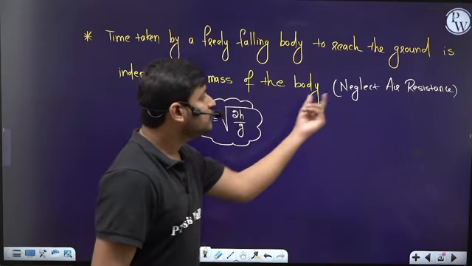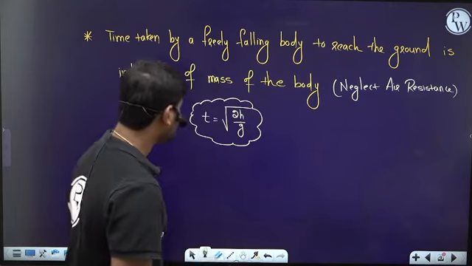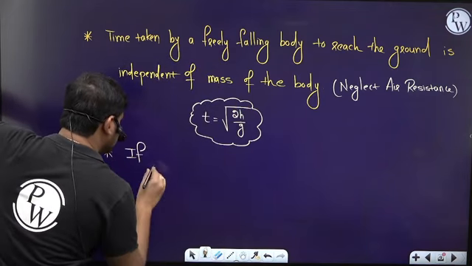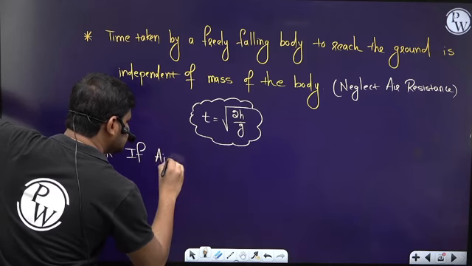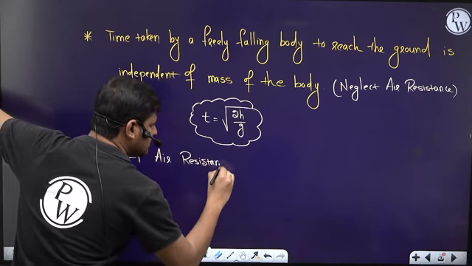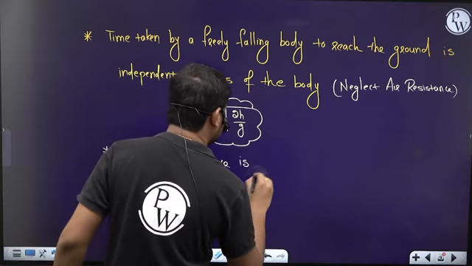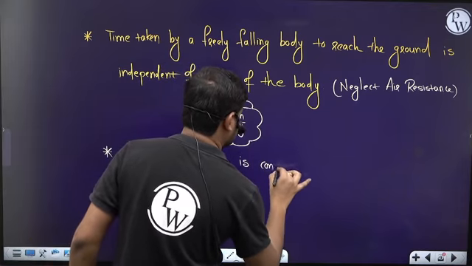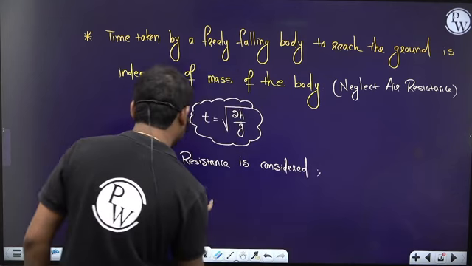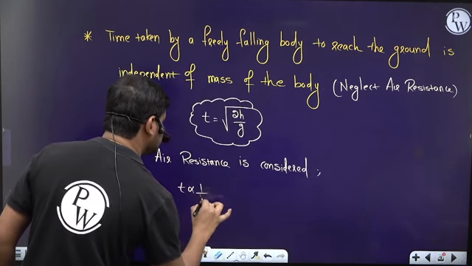So when you neglect the air resistance, that is the case. But if air resistance is considered, then time taken will be inversely proportional to the mass of the body.